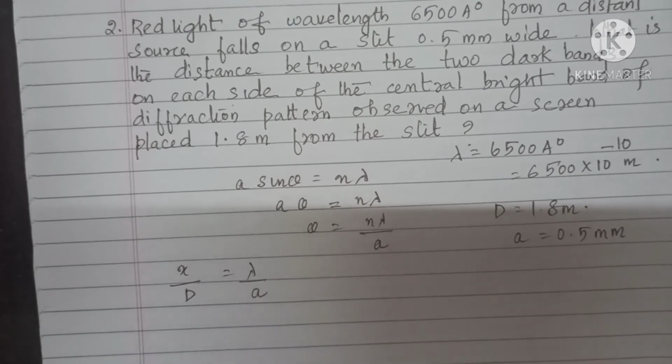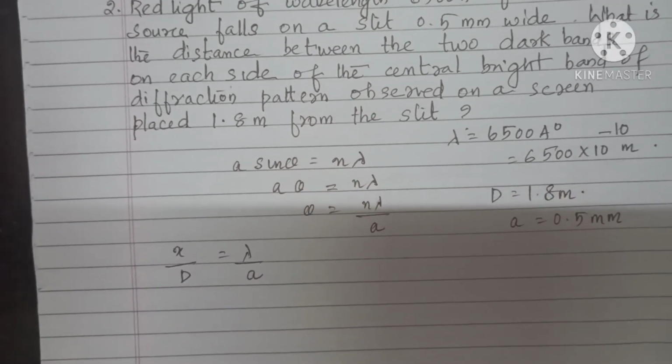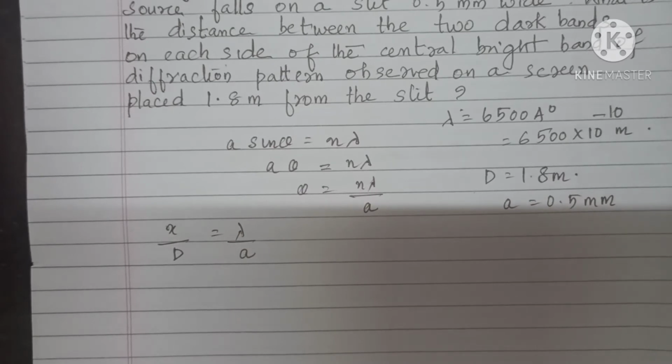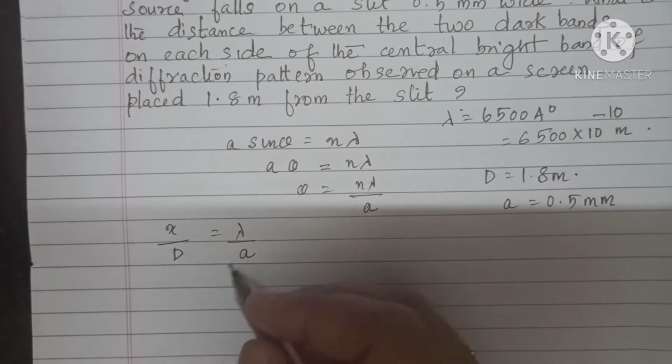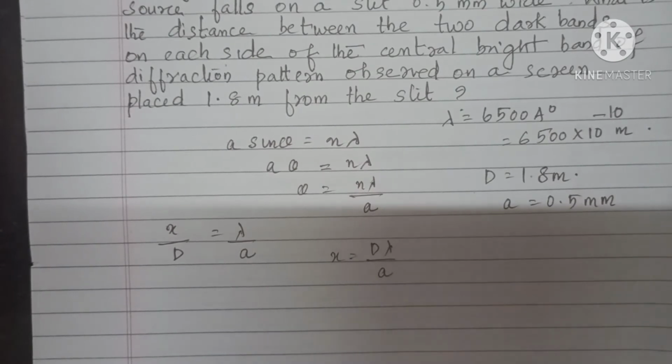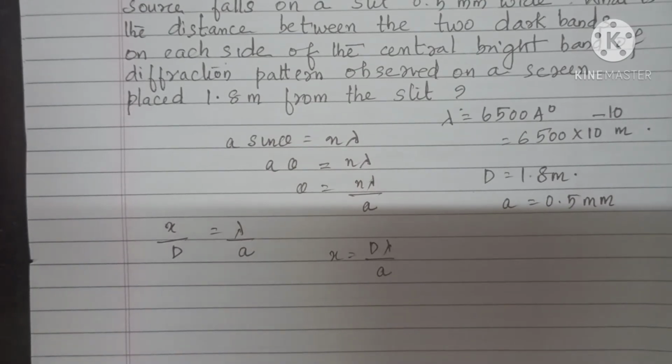Okay, from that figure, please picturize the figure, and if you have figure with you, please keep it with you. And x by D is equal to lambda by A, and from this x you can find x is equal to D lambda by A. And you are asked to find the distance between the two dark bands on each side.